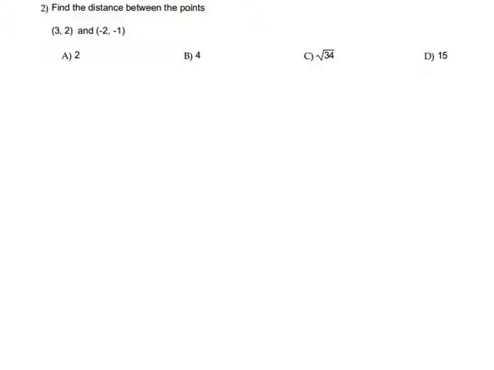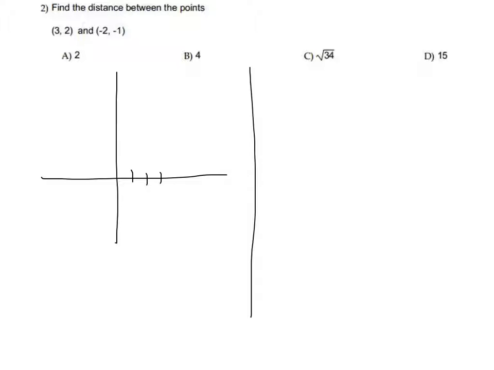Find the distance between the points. So there are 2 basic approaches to this problem. One, if I were to take a look at where these points are, there's 3, 2, and -2, -1.